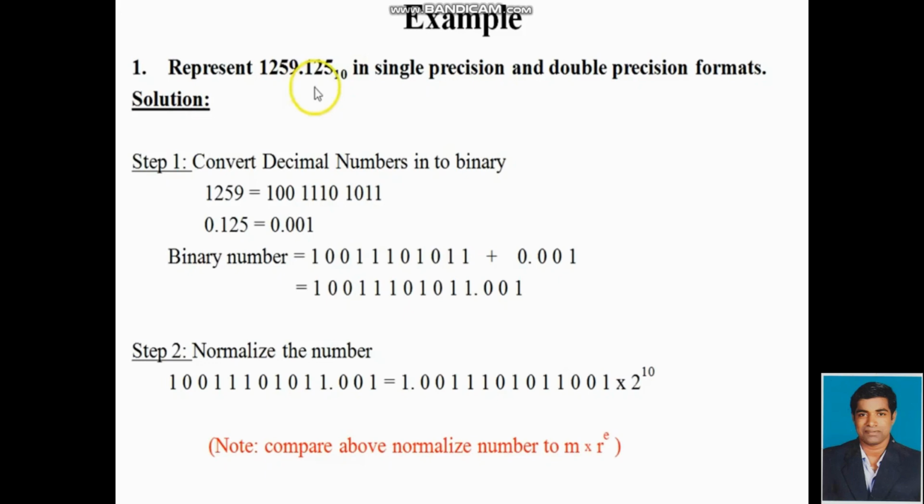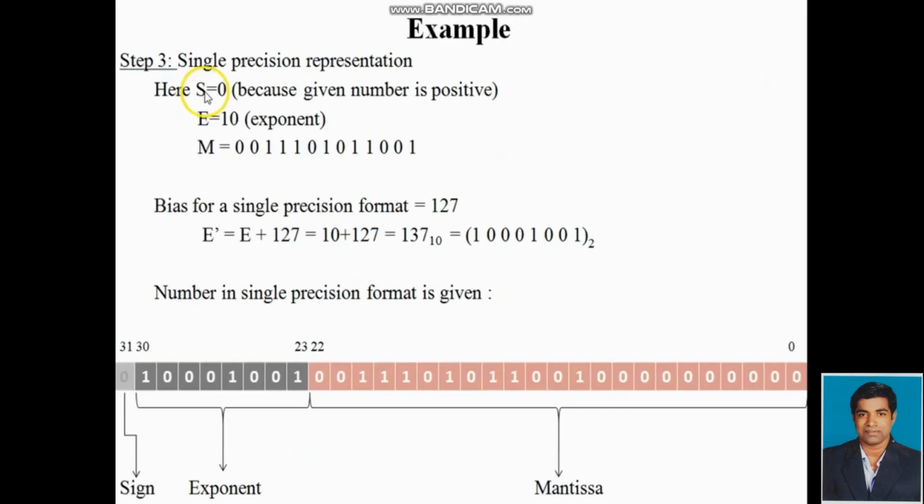After normalizing it into the sign bit, the significant bits and the scaling factor with exponent, that is, mantissa times the base value, the scaling factor, power exponent value, we get the single precision representation.